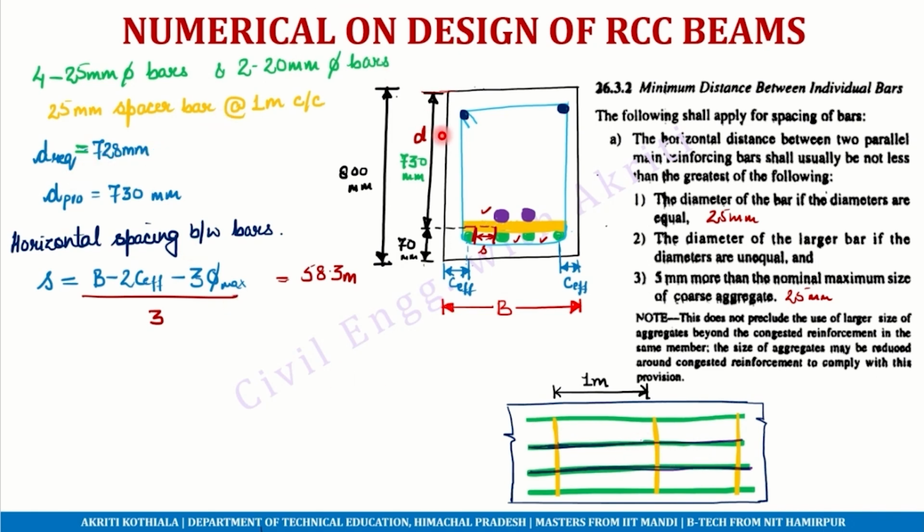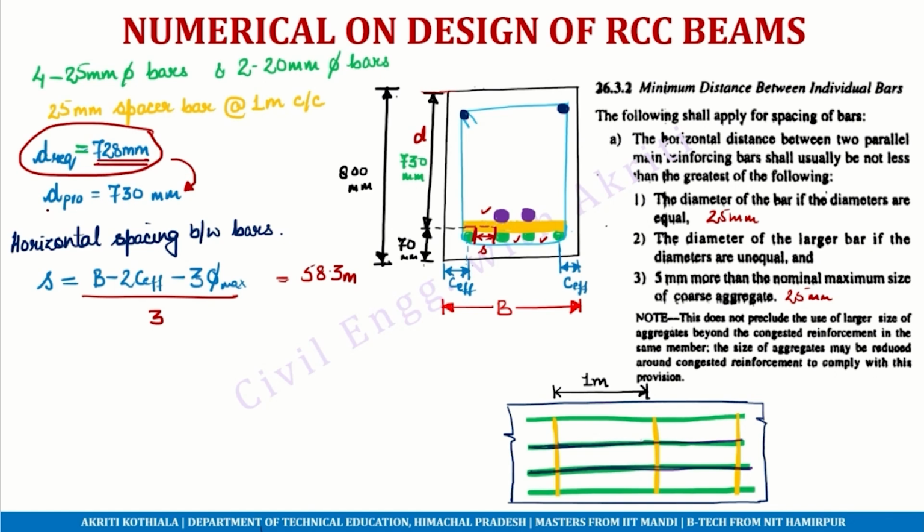Now, we have to keep in mind that because we are providing these bars in two different layers, the effective depth will be changed for this overall beam. We also know that the required effective depth from the calculation is equal to 728 mm. So, the effective depth which we assume or calculate now should not be less than 728 mm.